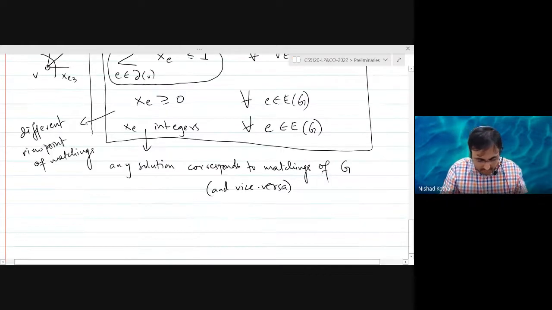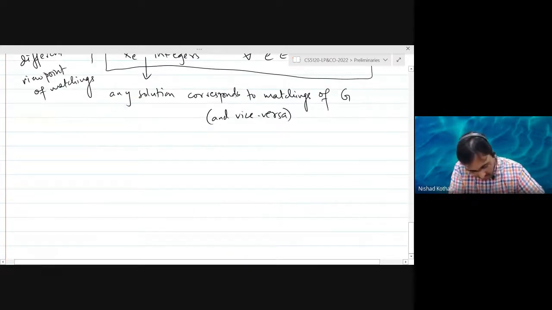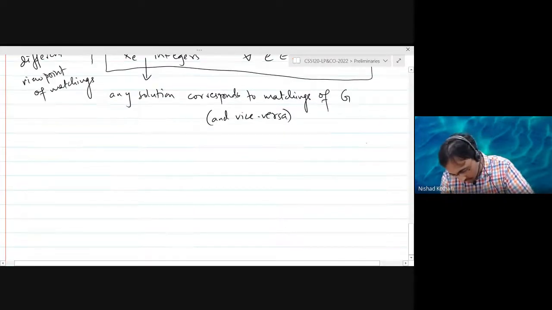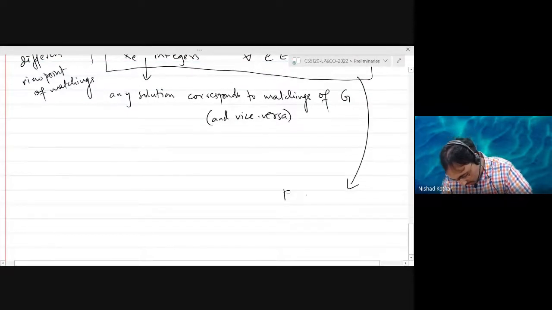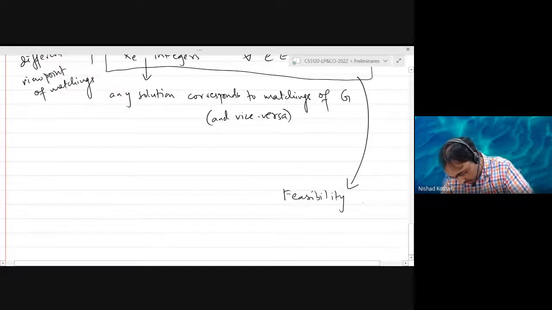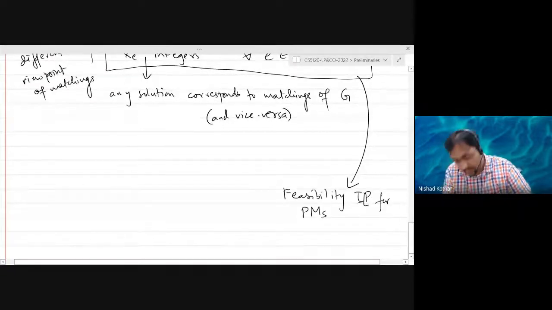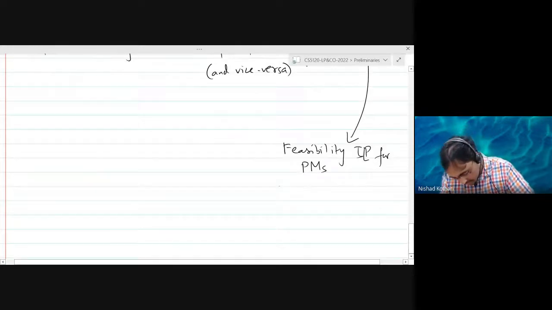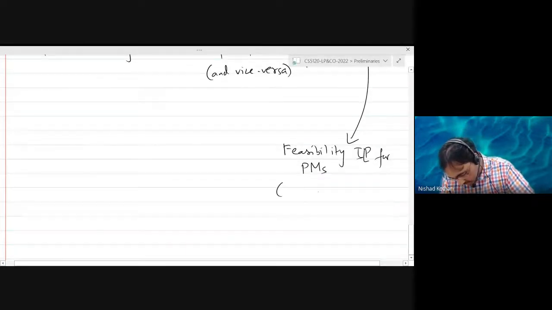Okay, so maybe I'll just make a note here. Feasibility ILP for perfect matchings: change the less than or equal to 1 to equal to 1.